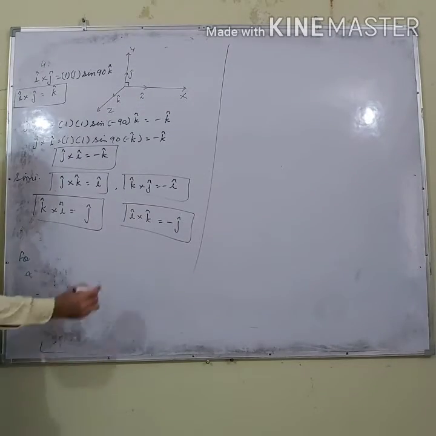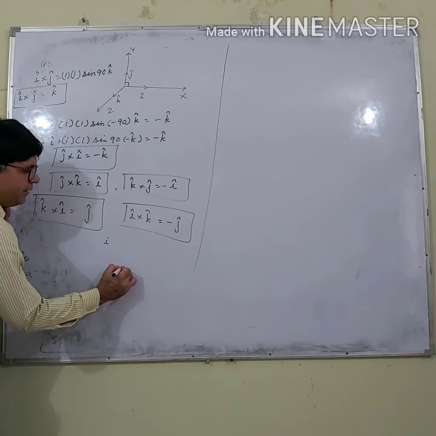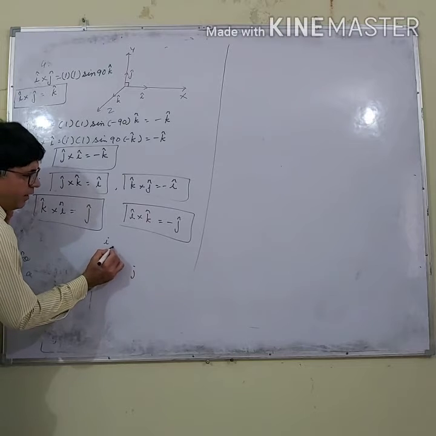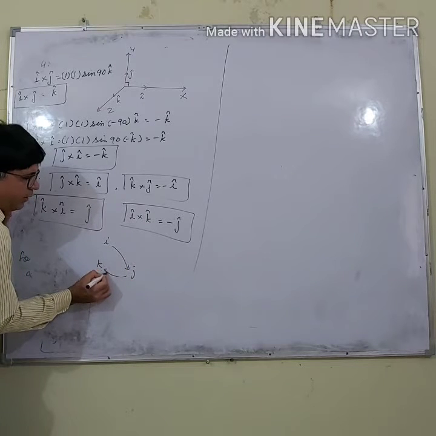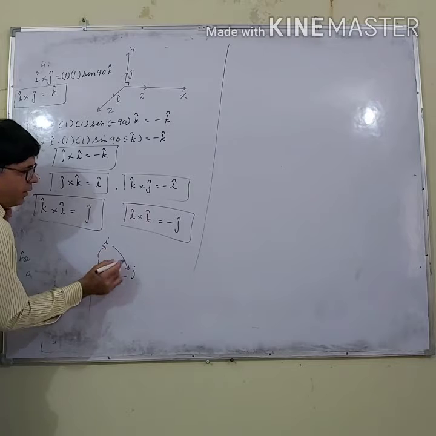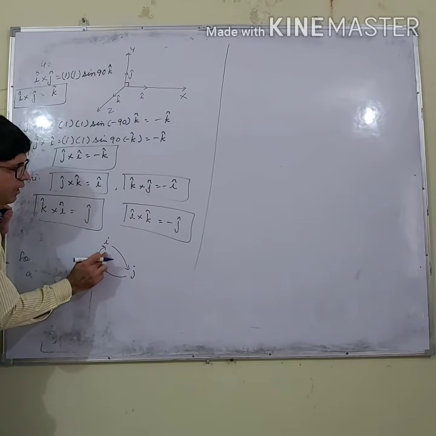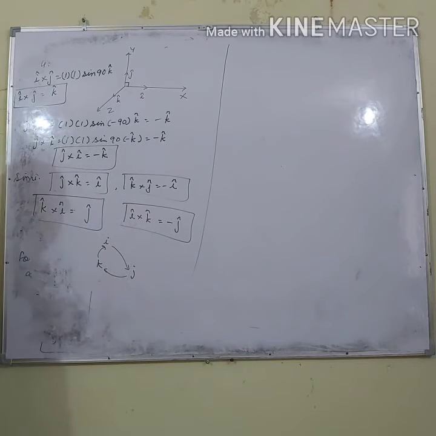So how to learn? Let us say you just write i, j, k. If you move in a cycle, i to j, the answer will be k. j to k, the answer will be i, and k to i, the answer will be j.